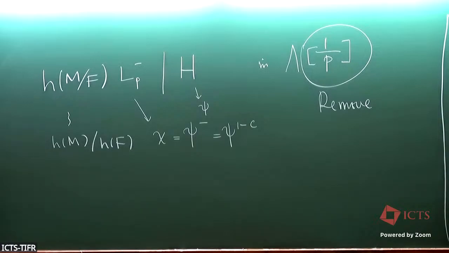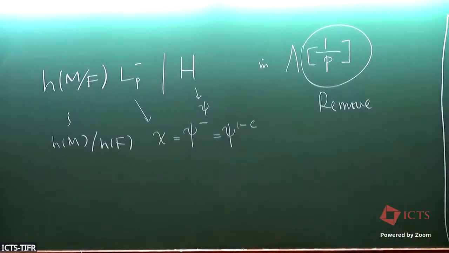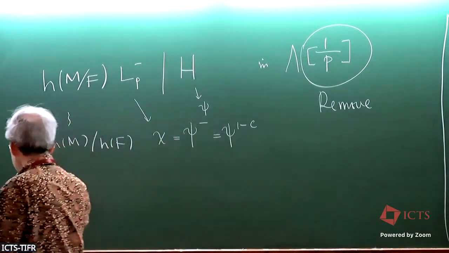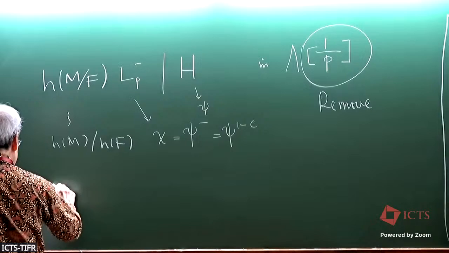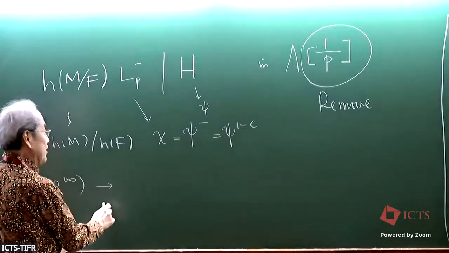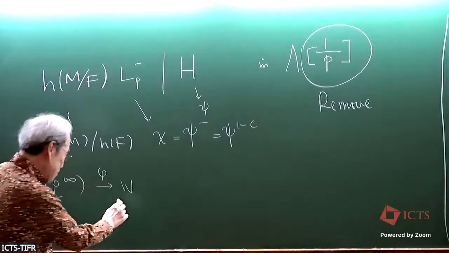Three years ago, I gave a talk here, and long ago, in 2004, I claimed that if you fix an L conductor, L prime to p, Gaussian L, and suppose this Gaussian L is totally split in F, then you take the class group of M of conductor L to the infinity, and you pick a Hecke character, say phi, into W. Now, this is the Witt vectors.